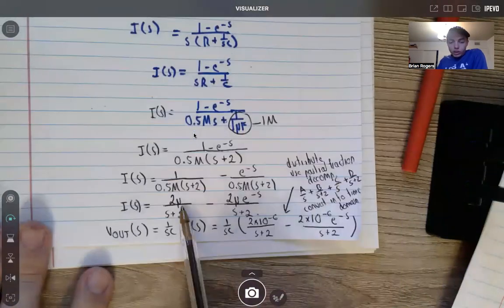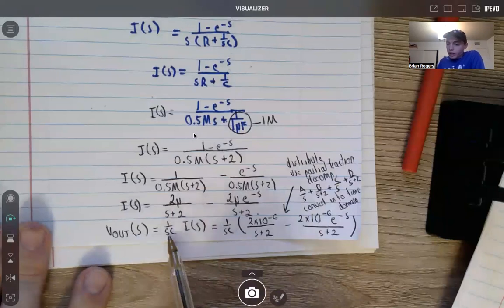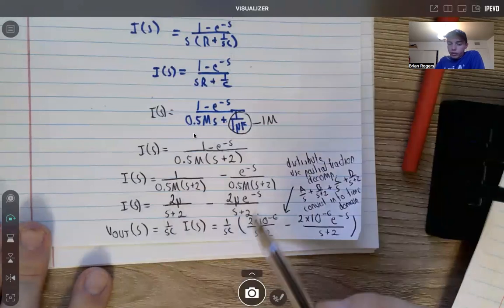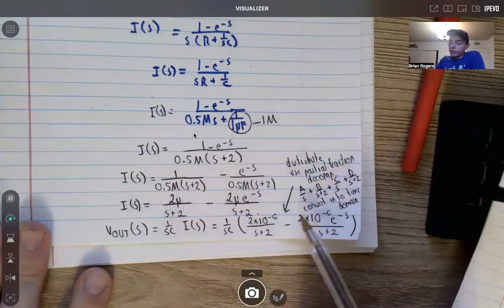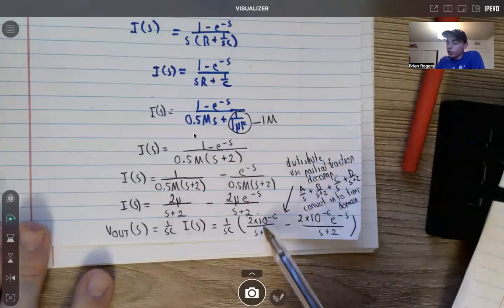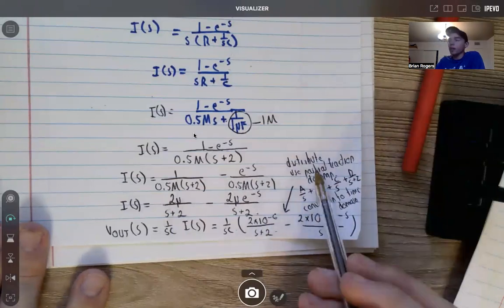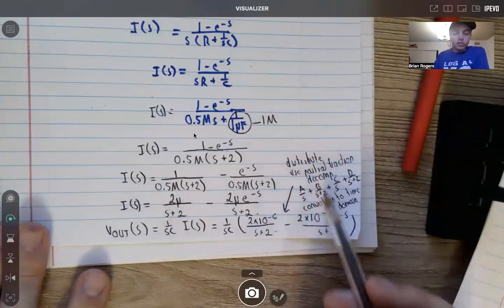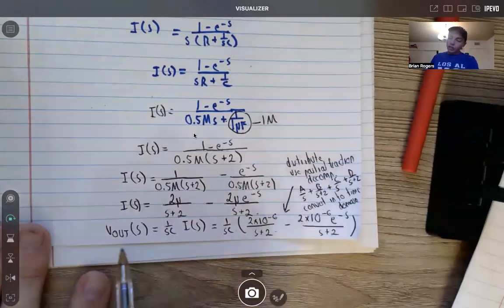You distribute this to both terms, and you'll get a number on top over S times S plus 2. You'll use partial fraction decomposition and convert to the time domain. That's how you could solve for V out of t.